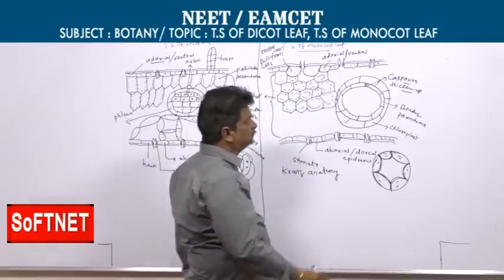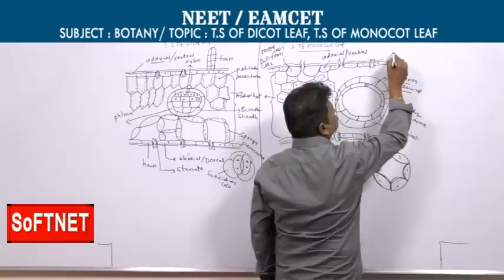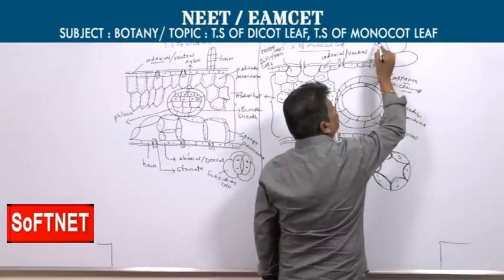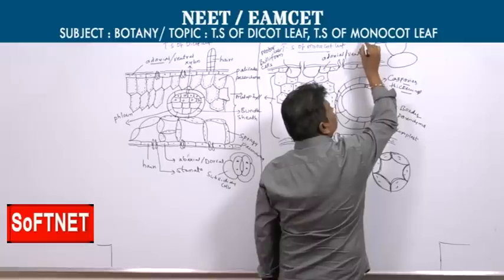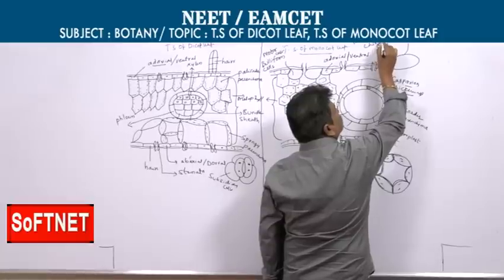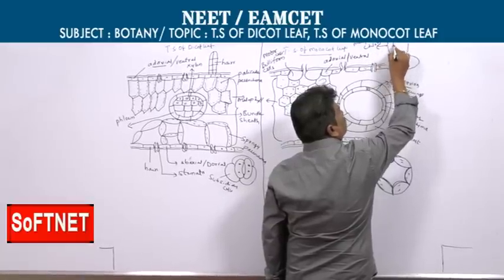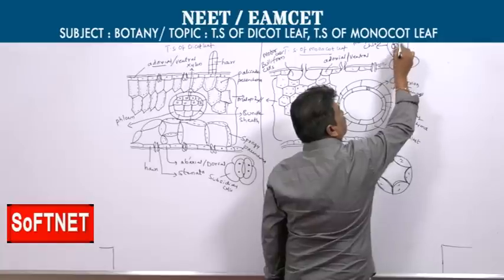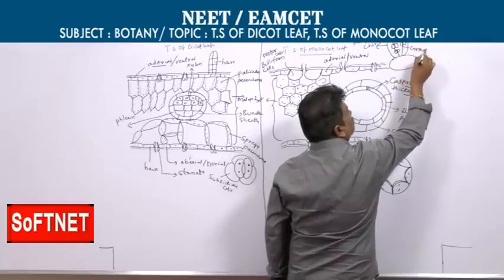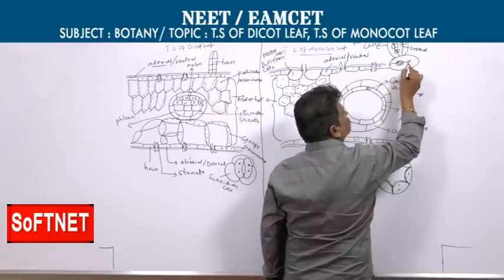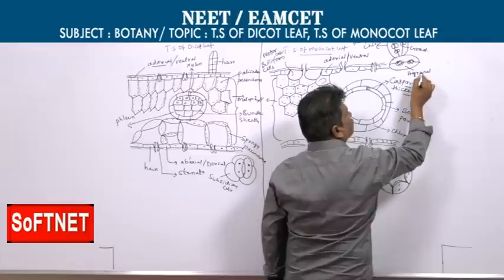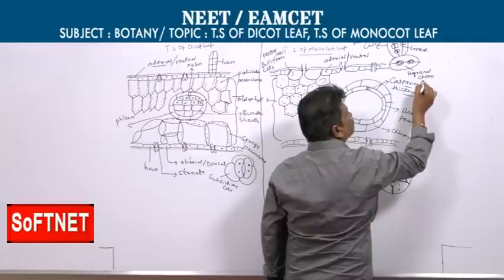In C4 plants, two types of chloroplast are present. One is mesophyll chloroplast, which contains grana, so it is called granal chloroplast. The bundle sheath chloroplast is without grana, called agranal chloroplast.